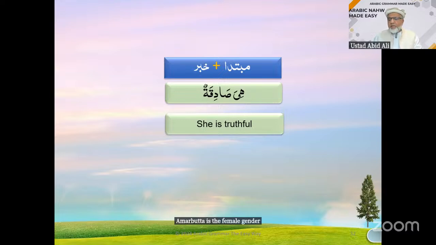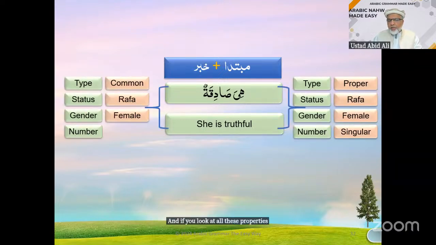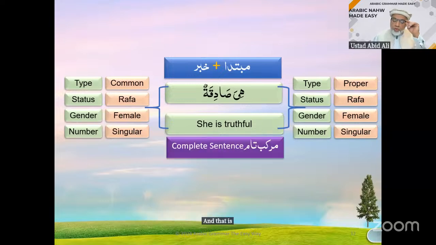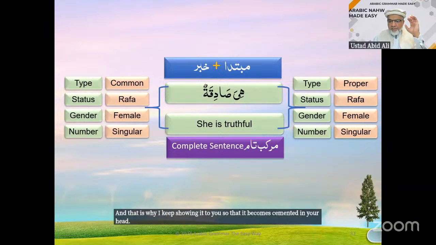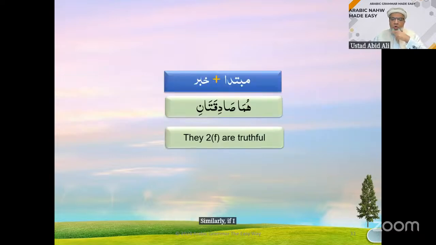So she is truthful. And if you look at all these properties, they're all according to the nominal sentence formula. That is why I keep showing it to you so that it becomes cemented and imprinted in your head. Similarly, if I change the number, Huma Sadikatani, do we know if this Huma is male or female now?